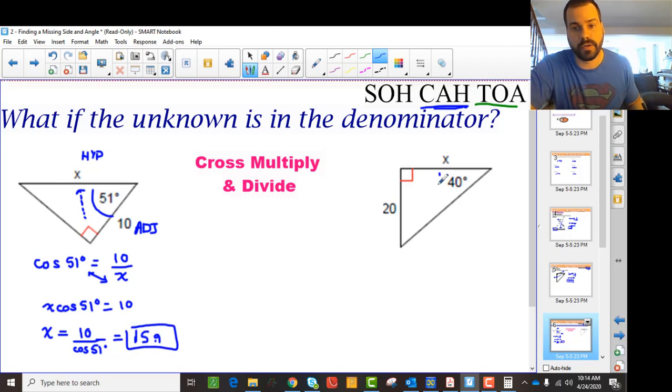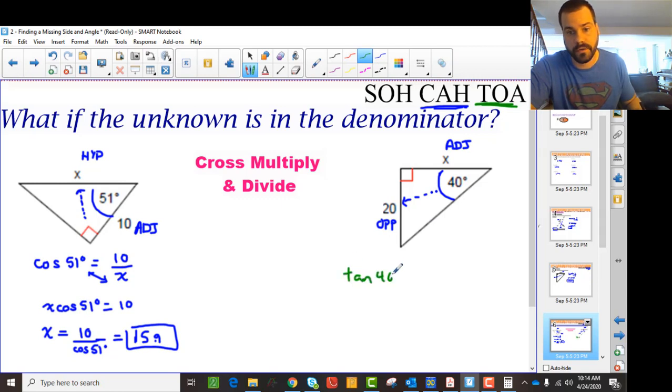So we'll do another example here. There's my angle, 40 degrees. So I look, first of all, that's the opposite side, and this x is on the adjacent side. So that means in this case, I'm going to use tangent, right? I'm going to use opposite and adjacent. So the tangent of 40 is the opposite side, which is 20, over the adjacent side, which is x. And then, again, all I'm going to do, I'm going to simplify it for you.